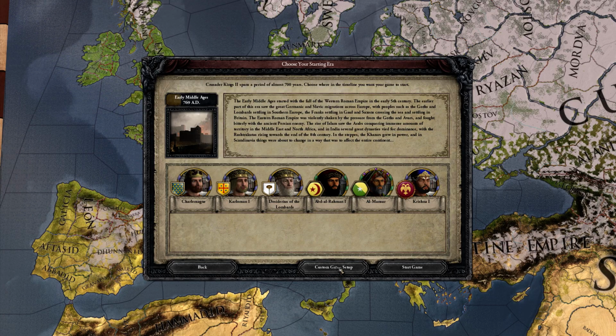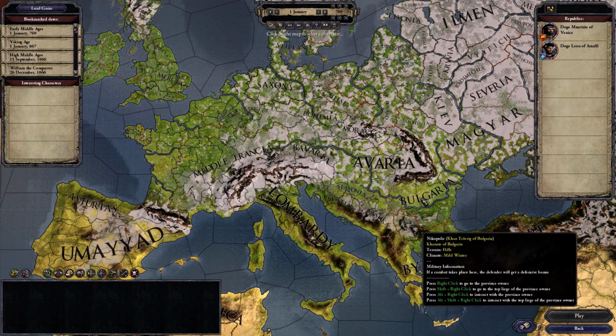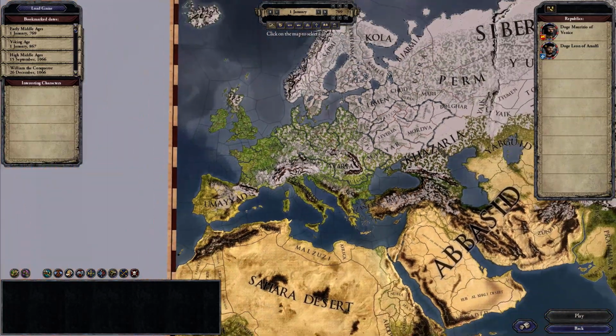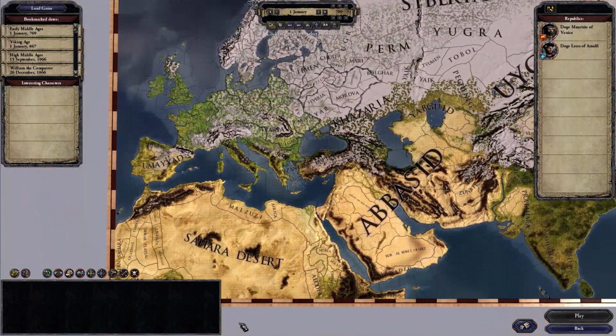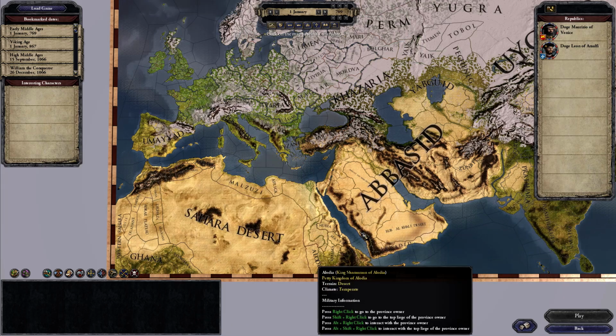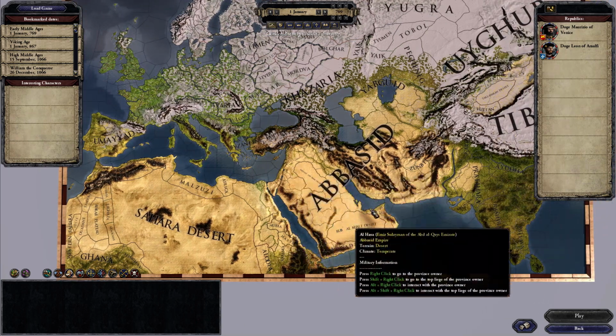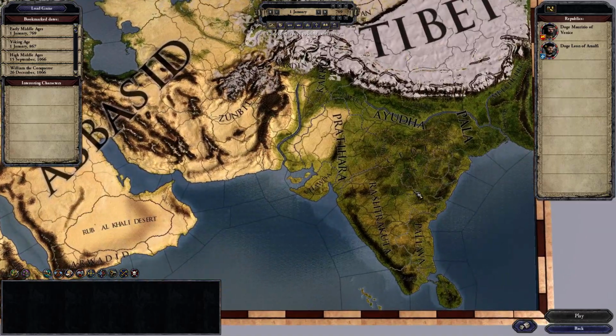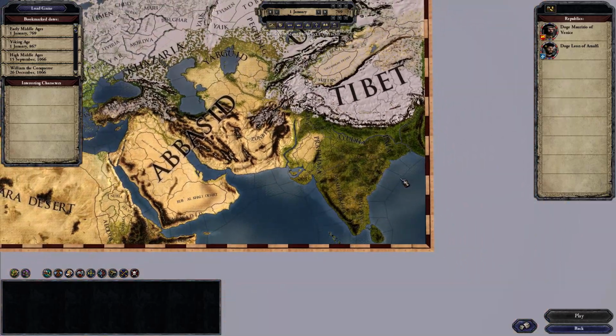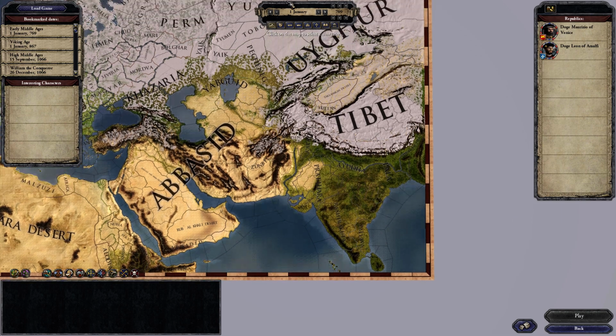So let's just go to custom game setup, and as you can see, the map covers all of Europe and also Northern Africa, the Middle East, all the way to India, which is not to scale because India is massive.